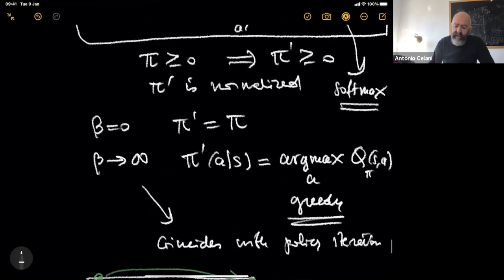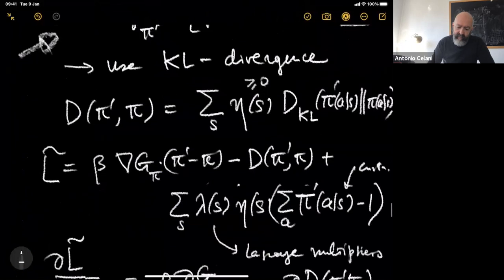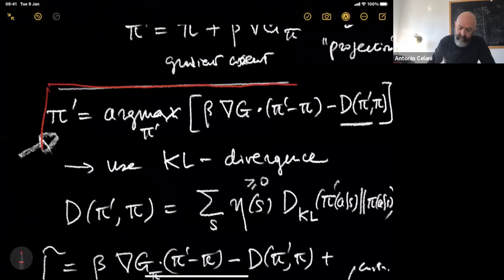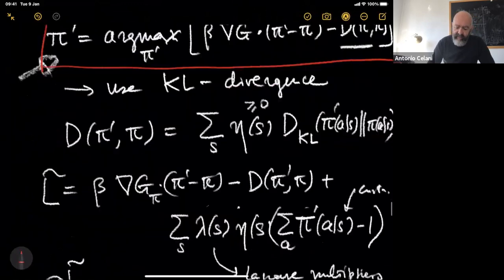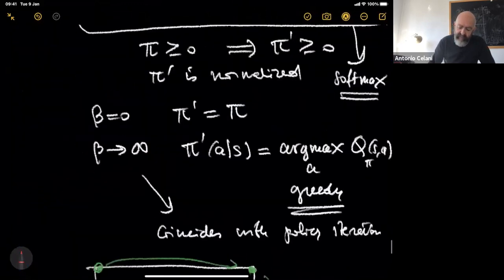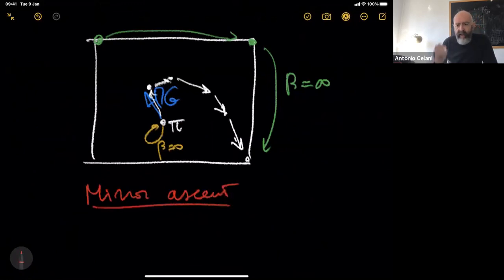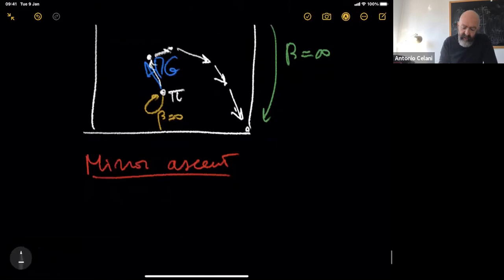So this algorithm that I discussed here, you can clearly turn into an algorithm. Let's write it explicitly. This algorithm has a name, and it's called mirror ascent. Why it's mirror is a complicated issue, but this is the name that comes from optimization theory. It works as follows.